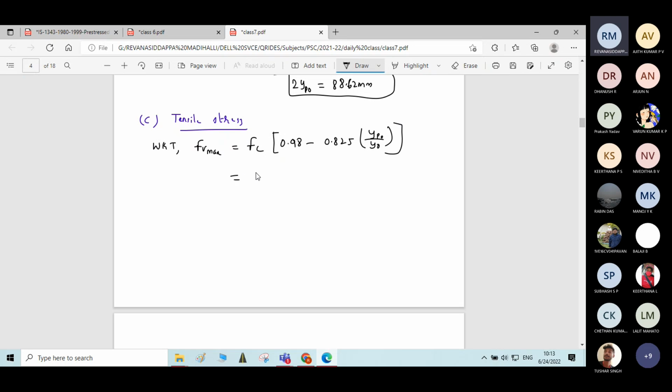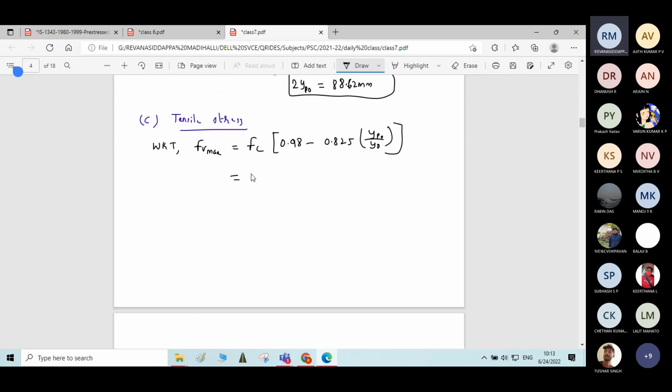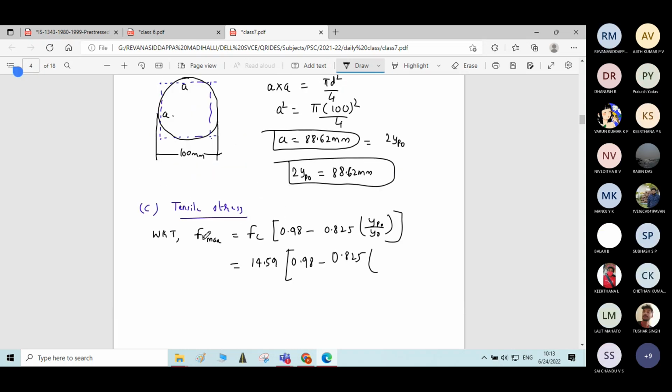FC is the calculated compressive stress. How much is it? 14.59. So 14.59 into 0.98 minus 0.825 into yp naught by y naught.